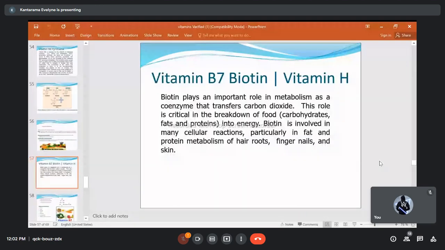Biotin, or vitamin H, or vitamin B7, plays an important role in metabolism as a coenzyme that transfers carbon dioxide. This role is critical in the breakdown of food into energy. Now, biotin is involved in many cellular reactions, particularly in fat and protein metabolism of hair roots, fingernails, and skin.